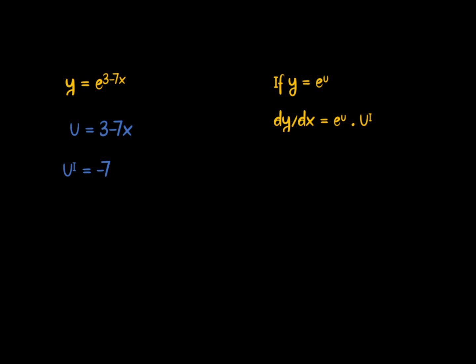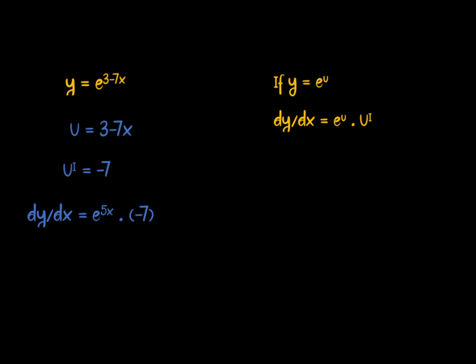And then we bring in our technique. Our technique works for whatever exponential function you want to differentiate. So the technique is e to the power of u, as we can see on the screen, multiplied by the differential value of u itself. So when you bring that technique to solve this question, we have dy/dx equal to e raised to the power of 3 minus 7x multiplied by minus 7.